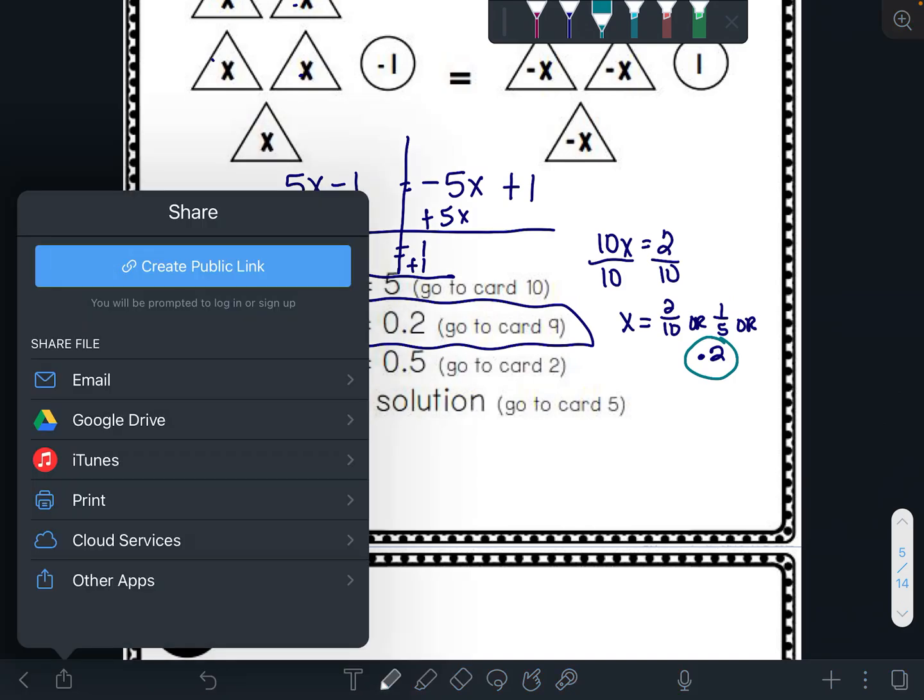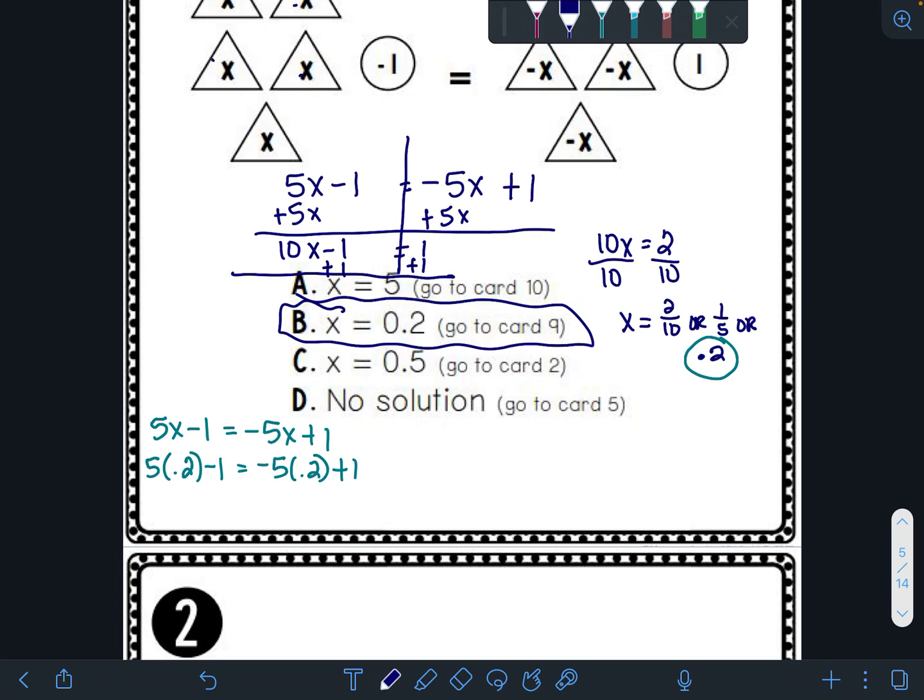If you type just this side into your calculator, you get 0. And then if you type just this side into your calculator, you get 0. So if these two equal each other, that means that you did the correct thing. It won't always be 0. It could be any number. But as long as they equal each other, you know you did the right thing. This is still my solution to the problem, though. That is still my answer to the problem.